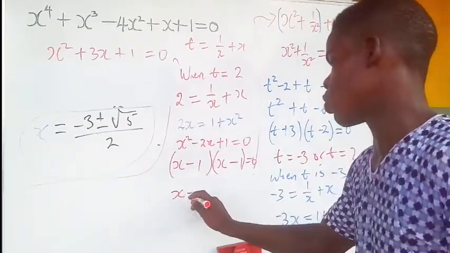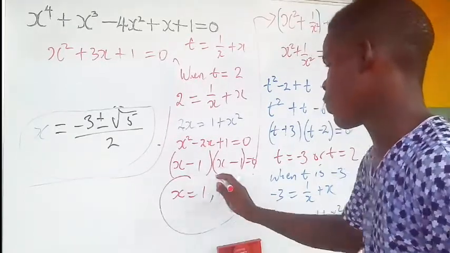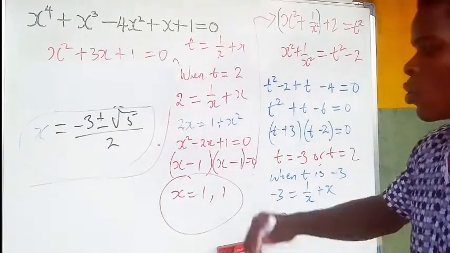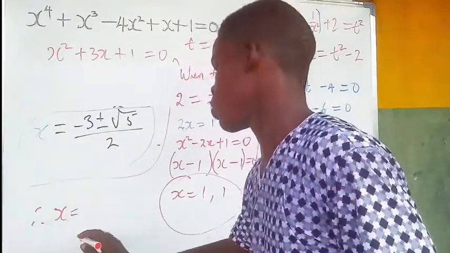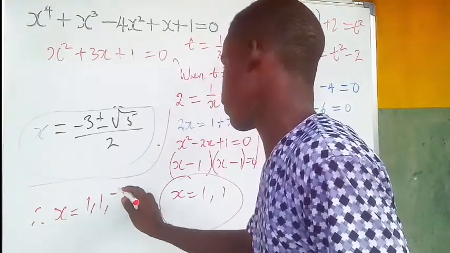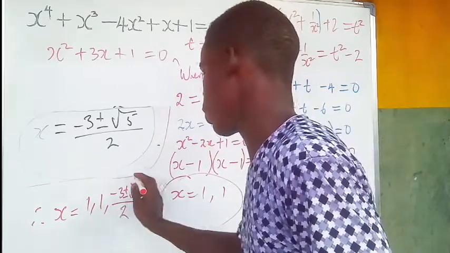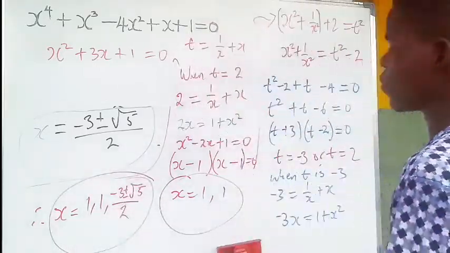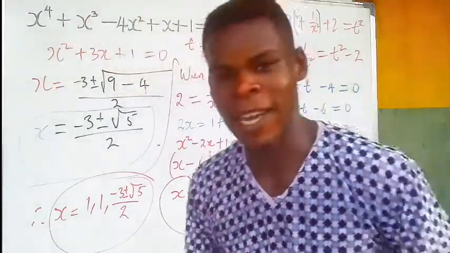That means x is equal to 1, 1. So these are another two values of x. Therefore, x is equal to 1, 1, and negative 3 plus or minus square root of 5 over 2. With these values, this equation is satisfied.